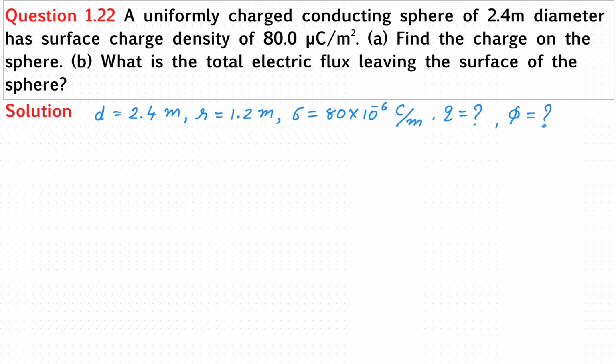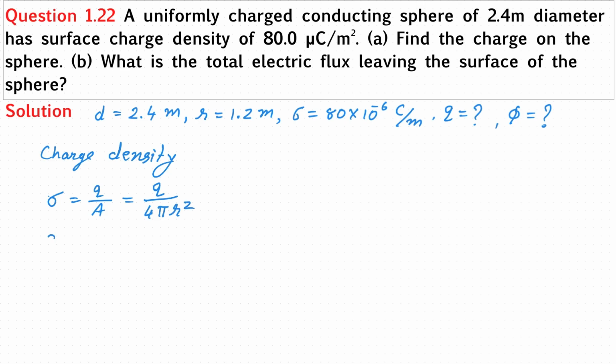So let us solve one by one. The surface charge density sigma can be written as Q upon A, charge upon area. And here the area is the surface area of sphere, so it will be 4πr².